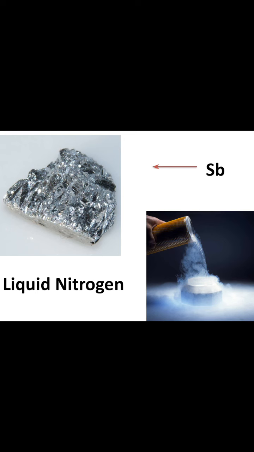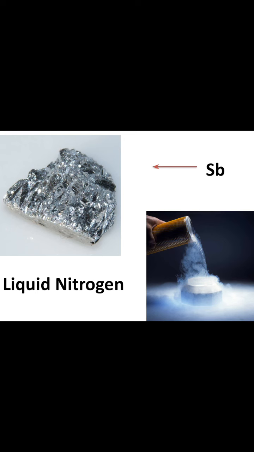And next, in our mind nitrogen is a gas, but nitrogen also exists in the form of a liquid. The last picture, shown on the right-hand side, is the picture of liquid nitrogen. Liquid nitrogen is at a very low temperature, so if you keep liquid nitrogen at room temperature, nitrogen gas evolves from the liquid, as shown in the figure.